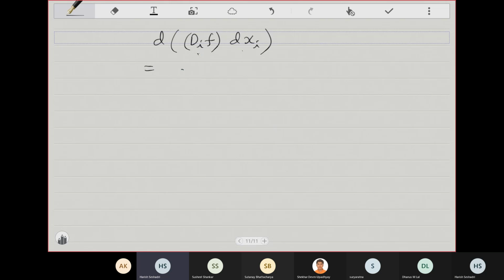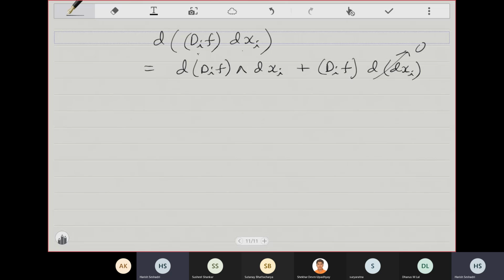So it will be d of D_i f wedge dx_i, plus there's no (-1)^k, which will be just 1 again, D_i f, then d of dx_i. So this is 0, as I remarked in that small lemma, the d of x_i, even if it's a multi-index also it's 0, but here it's certainly 0. So I'm just left with just this.